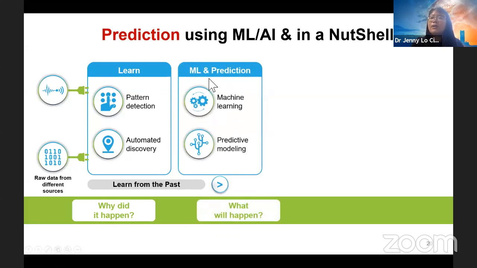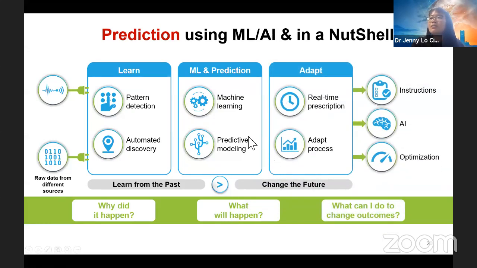Then you want to apply a certain machine learning technique to know what will happen, to do some risk prediction. And once you develop the prediction algorithm, you want to know whether it can work in real time.